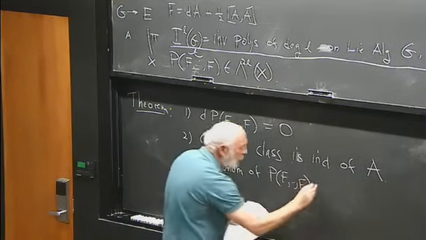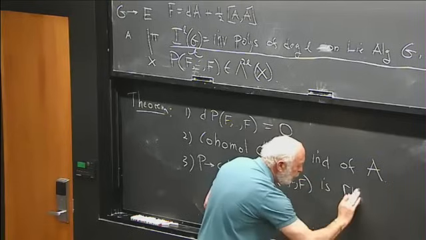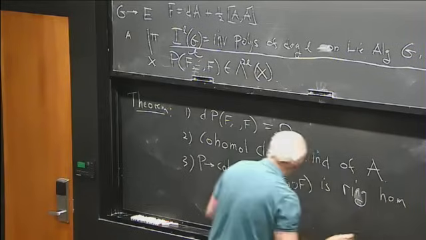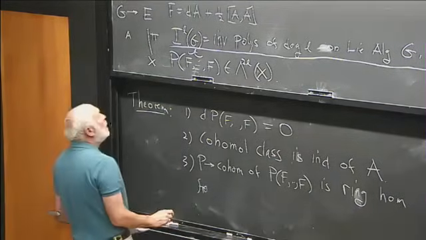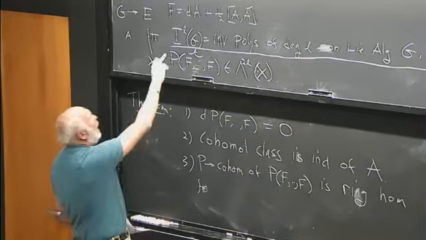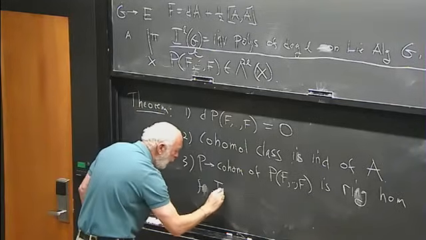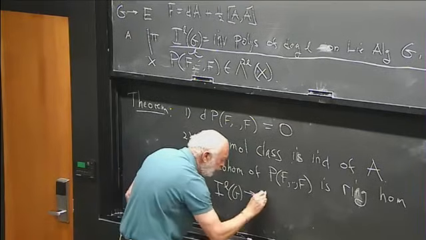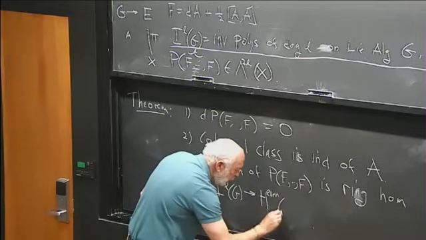In fact, it's a ring homomorphism from I_L(G), mapping I_L(G) into the even cohomology of X with real coefficients.